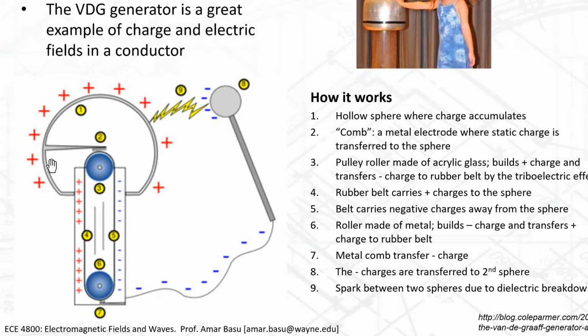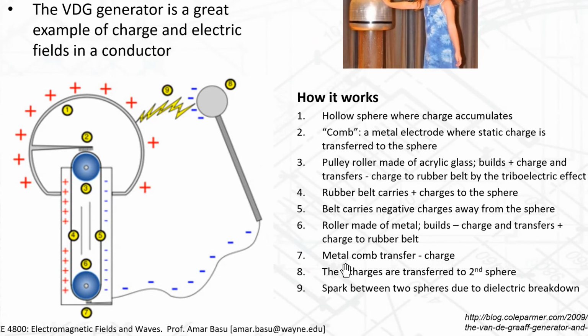That's the second part. There's a metal comb, and the third part is a pulley made of acrylic glass. It's kind of like a pulley transferring charges. It works on the triboelectric effect, that charges are attracted more to a certain material than another material, and this is the way that you can transport charge from one place to another.